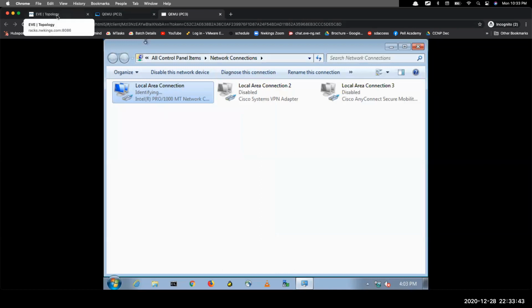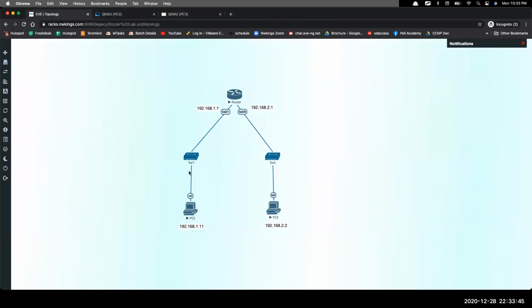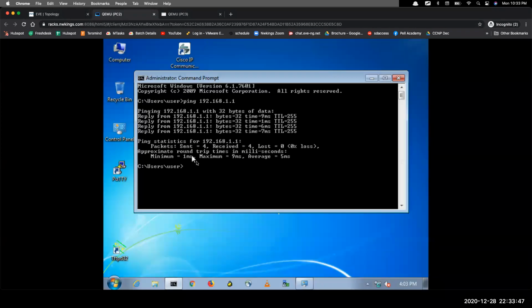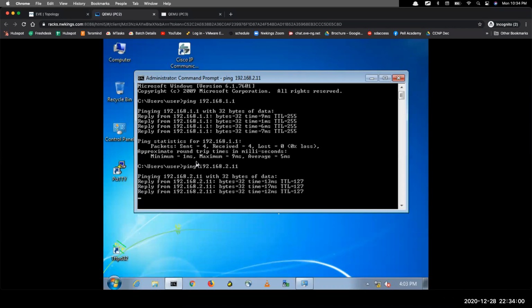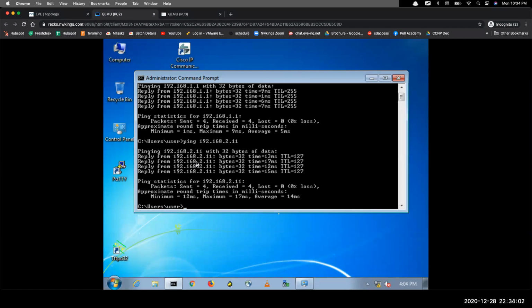So let's test the connectivity from PC2 to PC3. What would be the IP address of PC2? 192.168.2.11, right? So let's see. Here we go. You can see we have connected two different networks, guys.